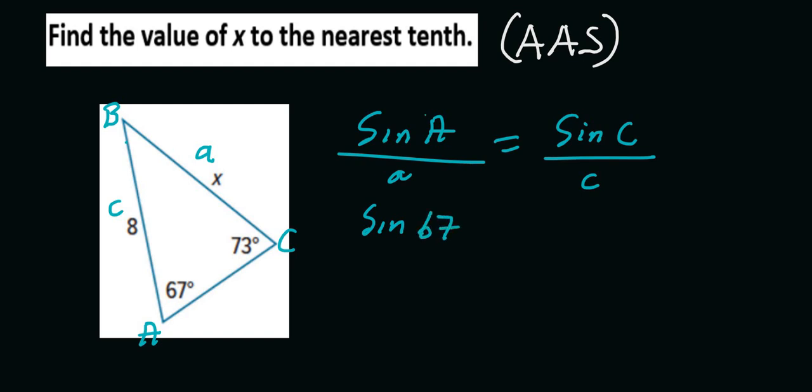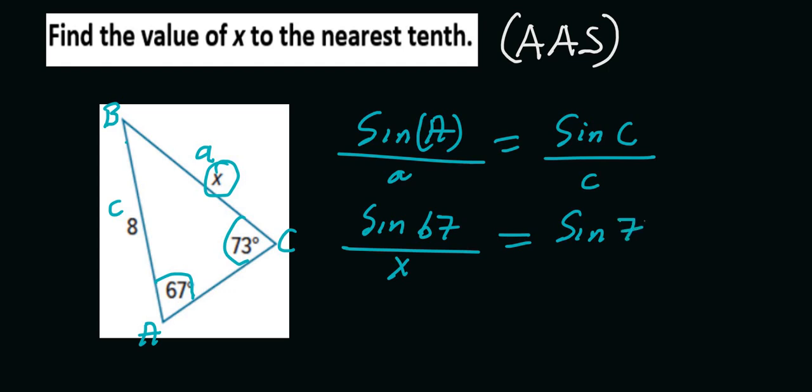Remember that the uppercase letter is the angle, as you can see here, and the lowercase is the unknown, which is this, x. Equals sine C, the uppercase letter C, 73, so sine 73 over the lowercase, which is 8.